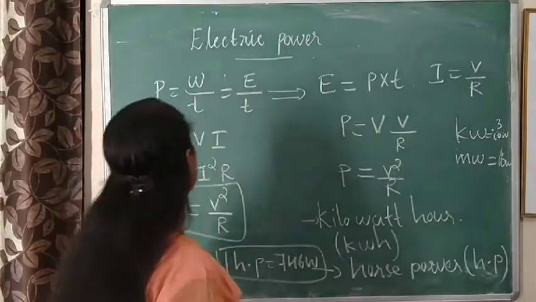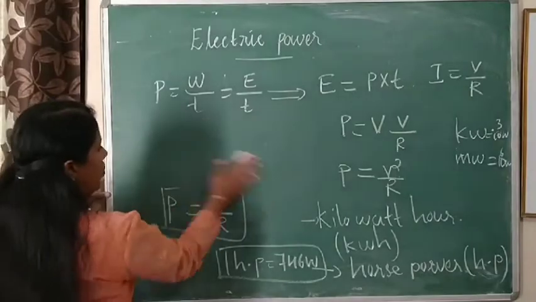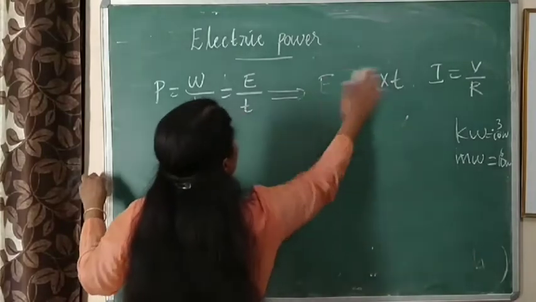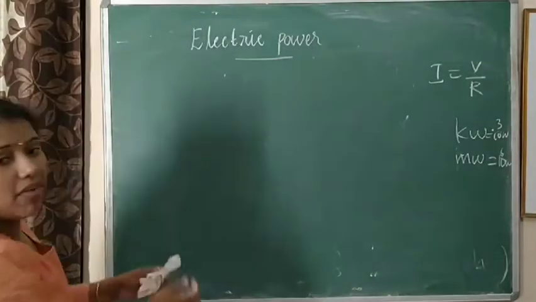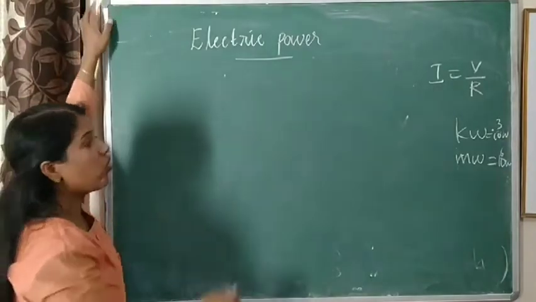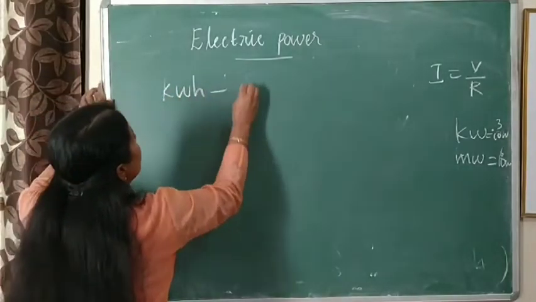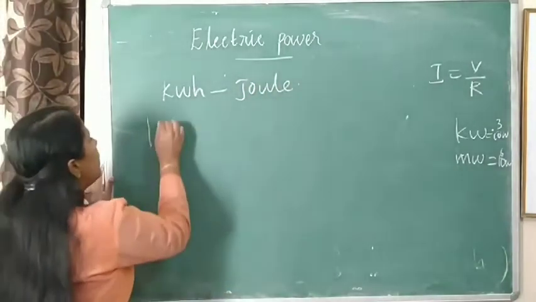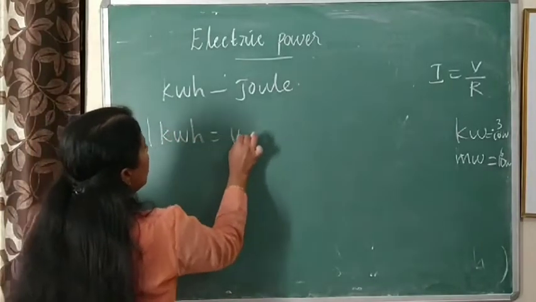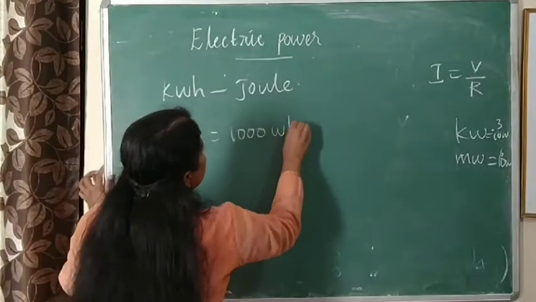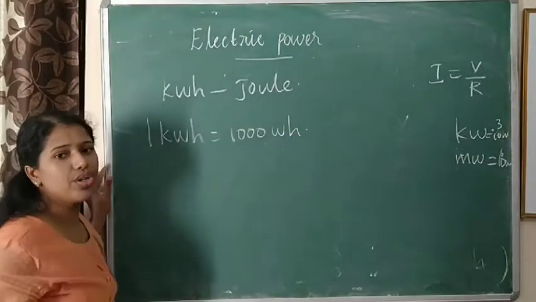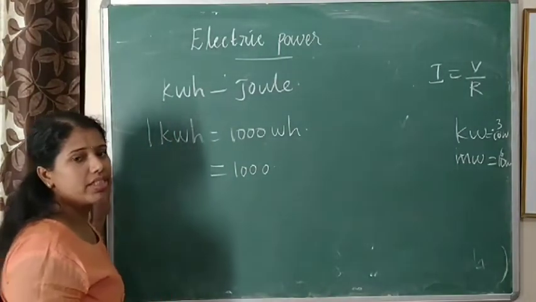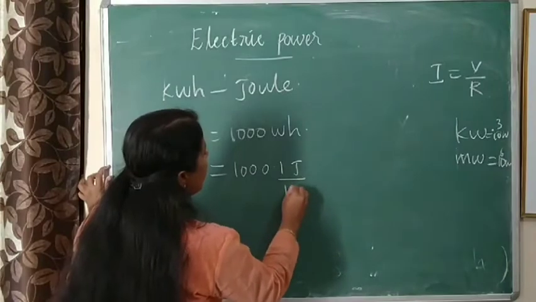Then what is the relation between kilowatt hour and joule? 1 kilowatt hour is equal to 1000 watt hour. Then 1000 into 1 watt means 1 joule per 1 second.